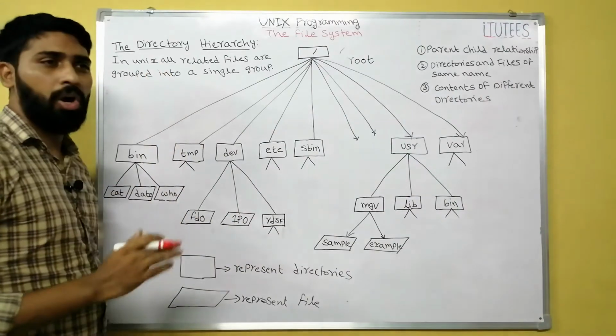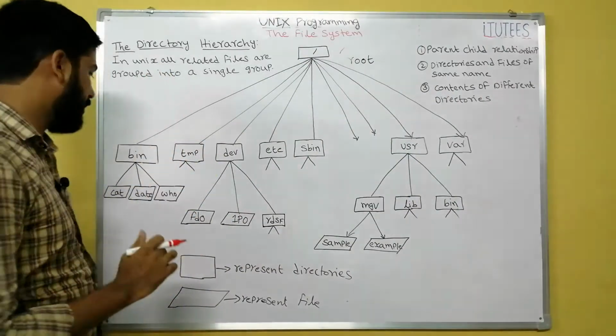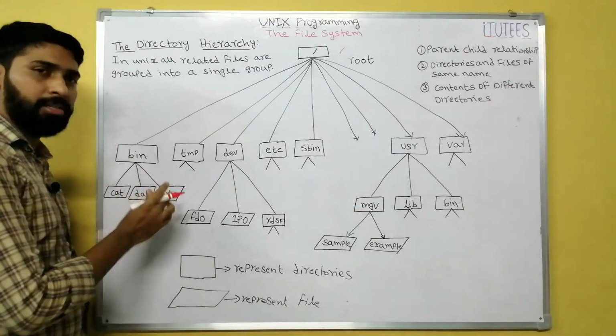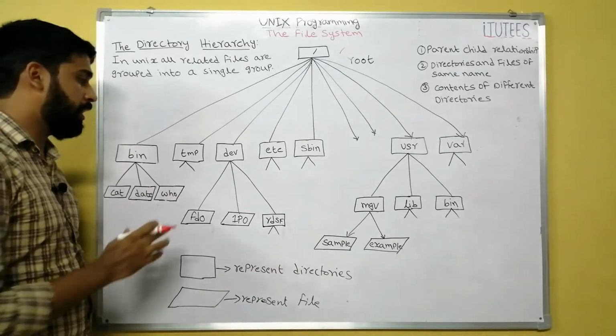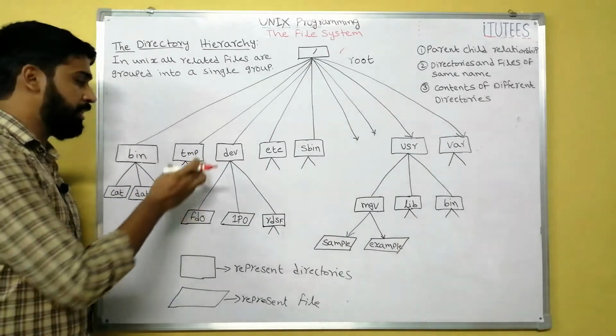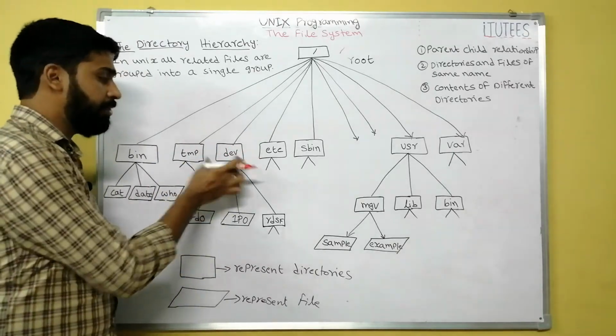In Unix, all related files are grouped into a single group. For example, all the binary files are stored in one directory, and the directory name is bin, and all the temporary files are stored in the temp directory. All the device files are stored in the dev directory.